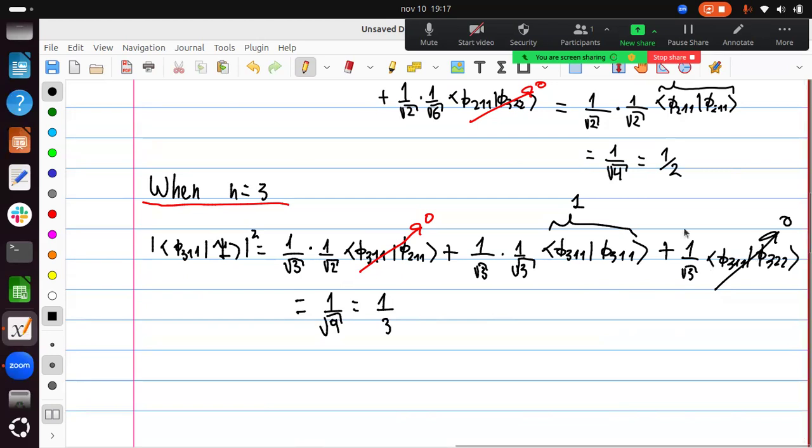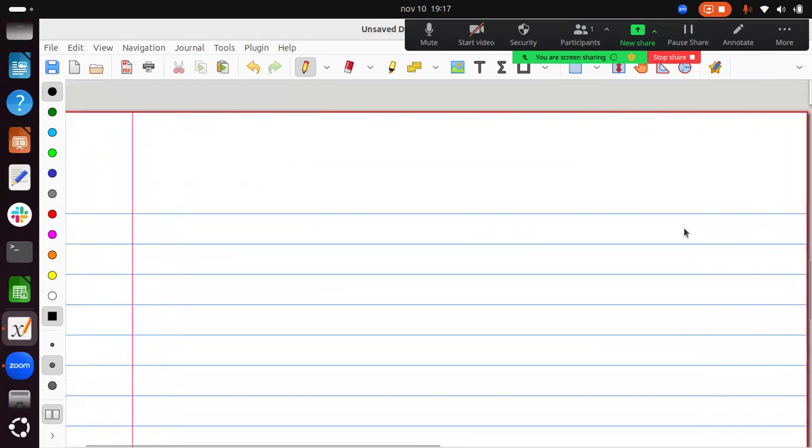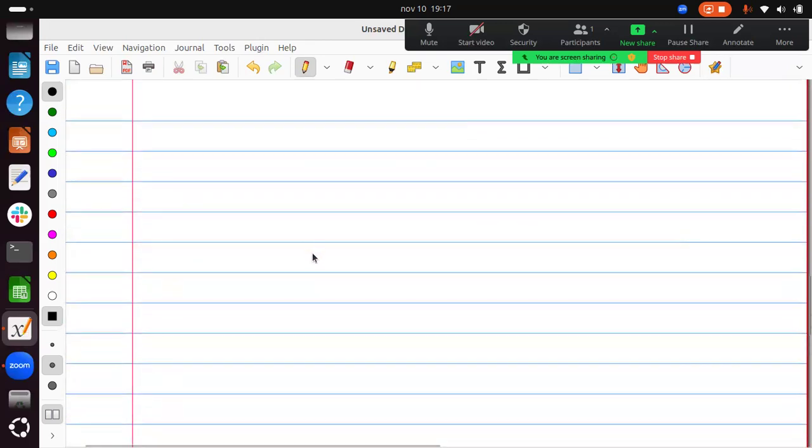Now, we have to consider the condition that the problem is telling us, that we want to measure the observable when the orbital angular momentum, Lz, well, this is when it is an operator, is equal to h bar. In that case, we will have the next possibilities.